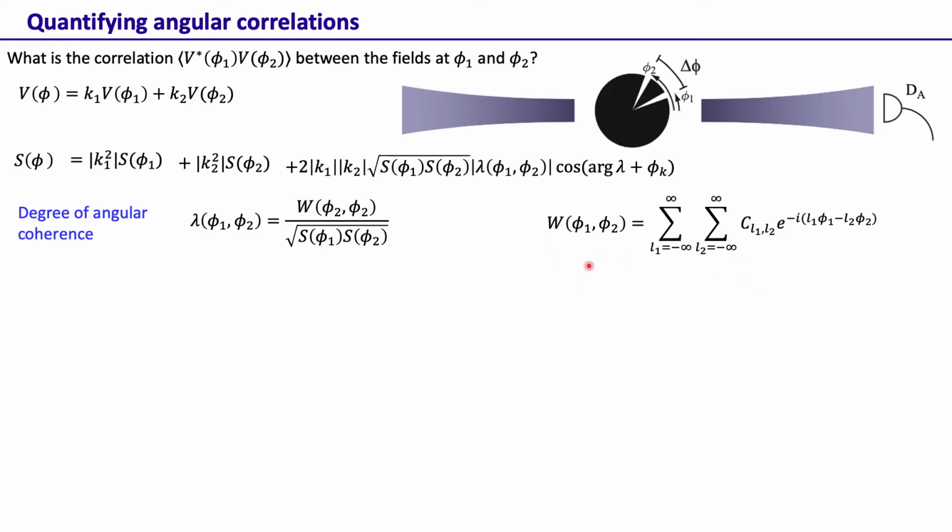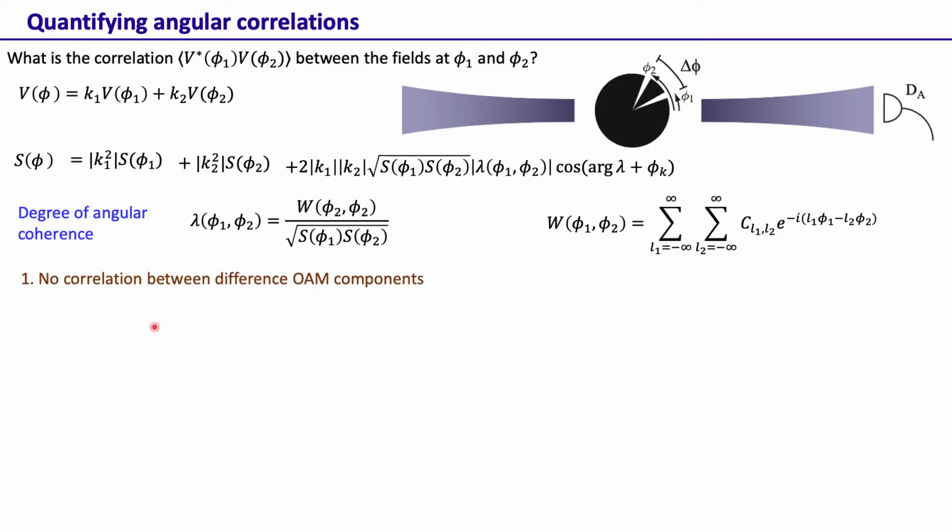Now, in order to quantify this, we saw in time and space that to quantify the correlation function in time, it was always better to look at the correlation in frequency. Similarly, when we quantify the correlation in space, we looked at the correlation in spatial frequencies. So similarly, here it is always easier and more structured to look at the correlation in orbital angular momentum, or the orbital angular momentum correlation function.